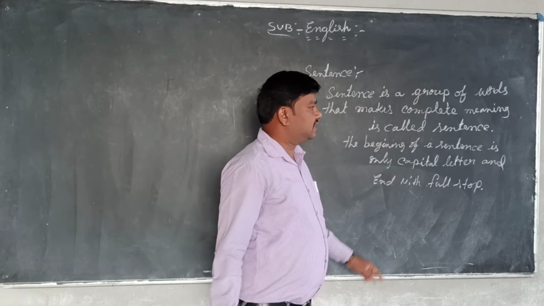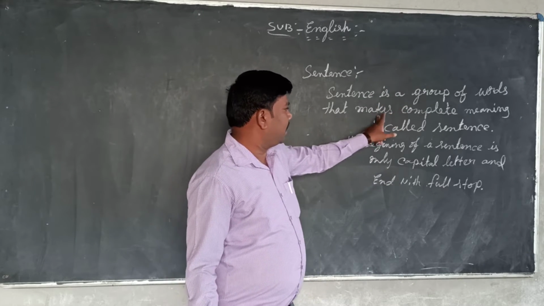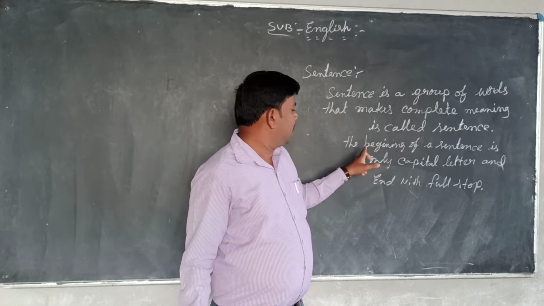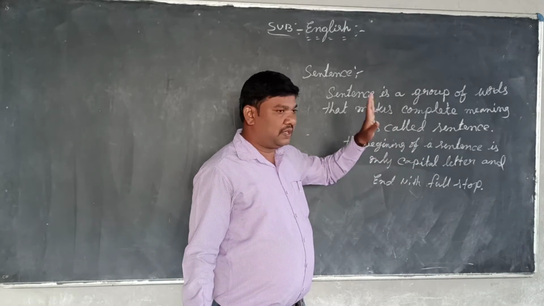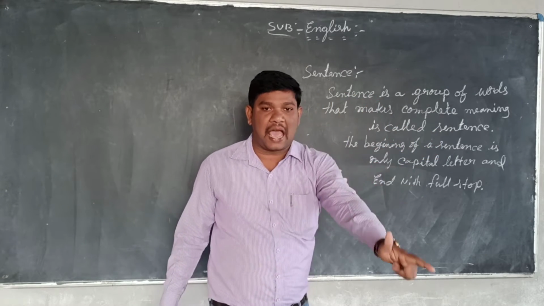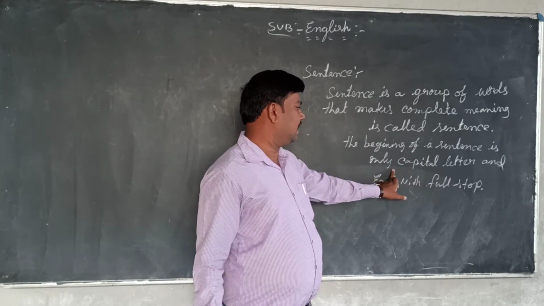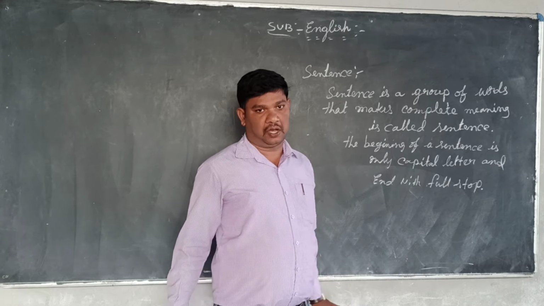Understand? Sentence is a group of words that makes complete meaning is called a sentence. The beginning of a sentence means the sentence begins with a capital letter and ends with a full stop.